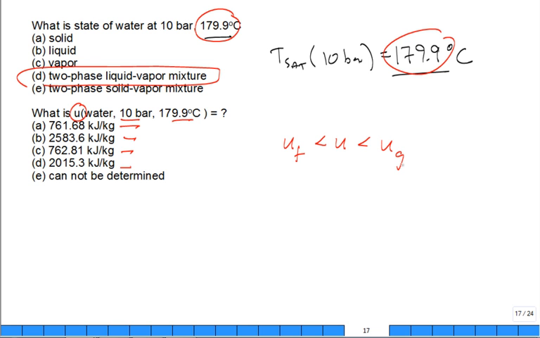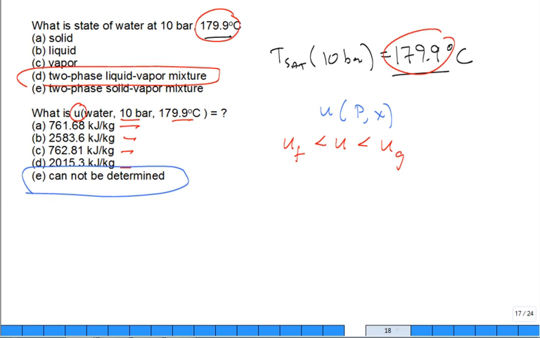I would need some other property, let's say u is a function of pressure and quality. Or maybe I know the quality. If I knew the quality, I could get a numeric value. So the correct answer for this question would be that you cannot determine it just knowing the temperature and pressure in the two-phase region, because they're not independent.